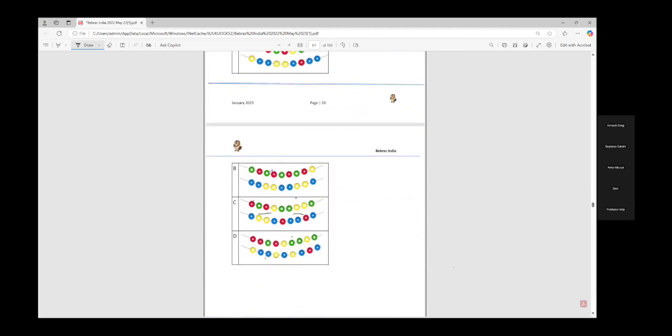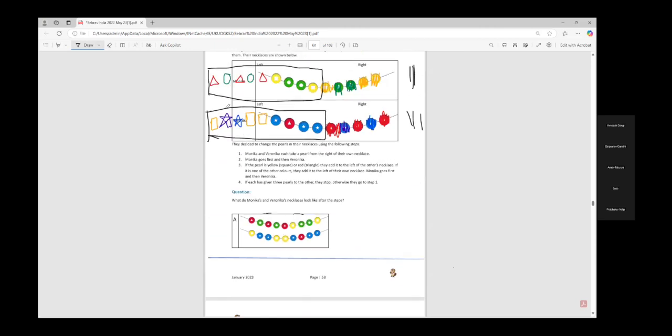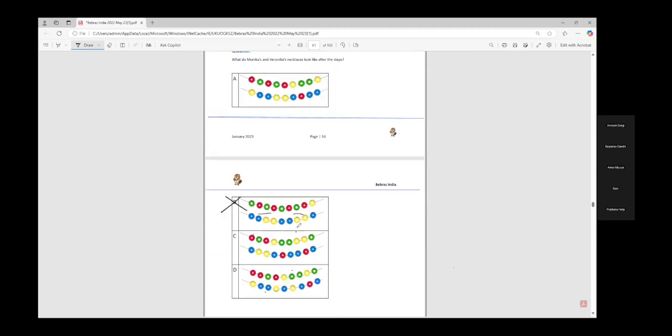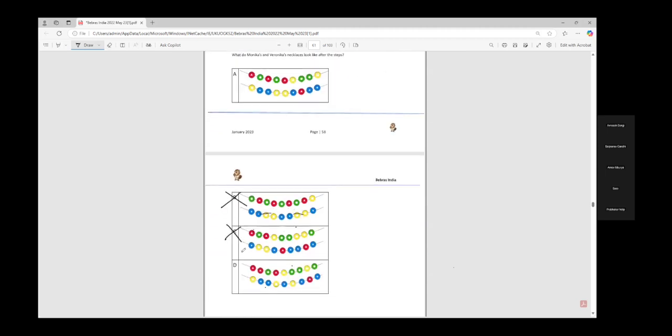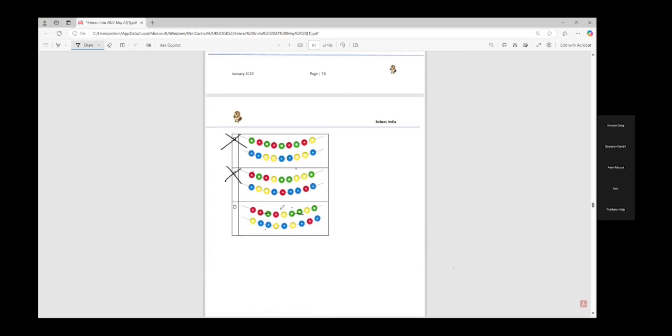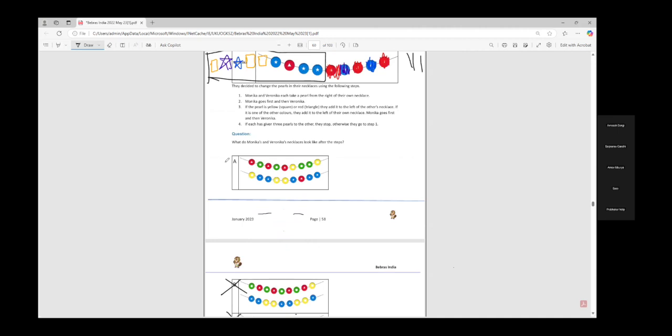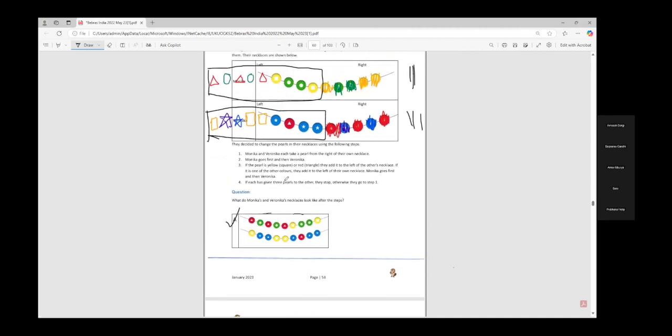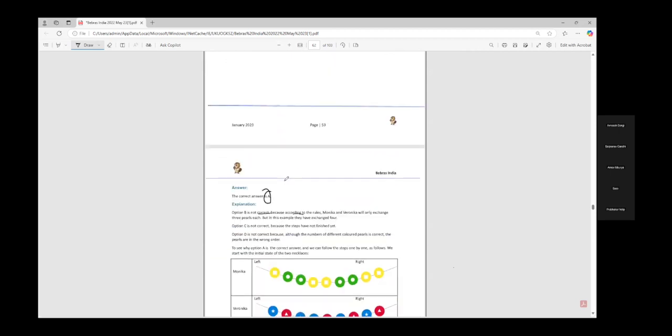This is circle, triangle, circle, not triangle, circle, triangle, so this is wrong. Triangle, circle, triangle, square. Now we have triangle, circle, triangle, circle, not square, so this is wrong as well. Triangle, circle, triangle, and this is triangle, triangle, circle, so wrong as well. So we know that the right answer is option A. And yes, this sum is done as well.